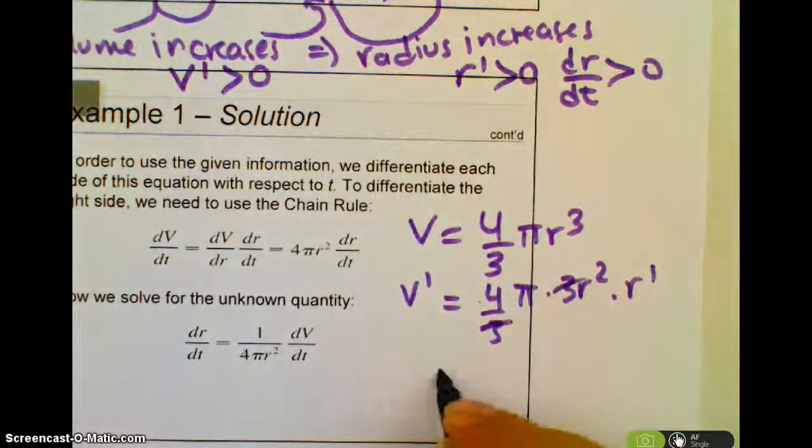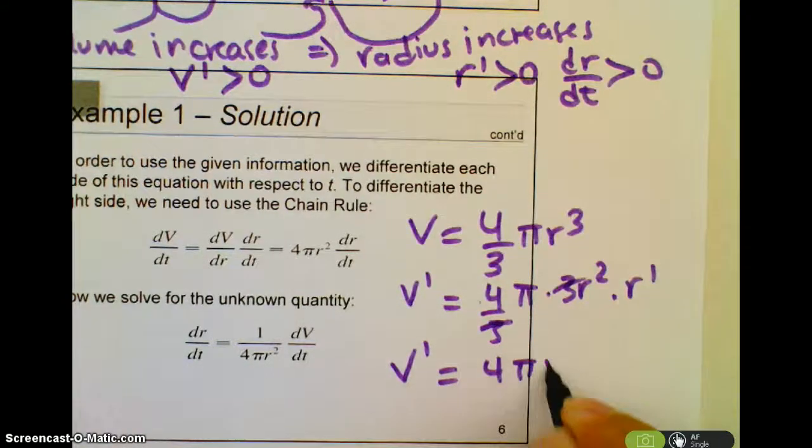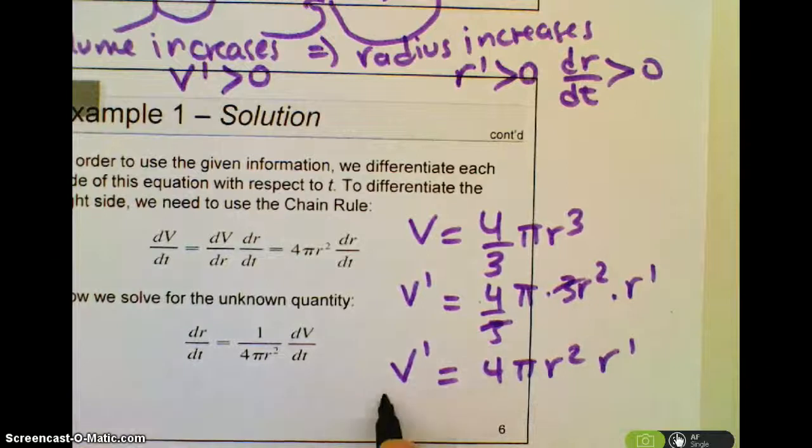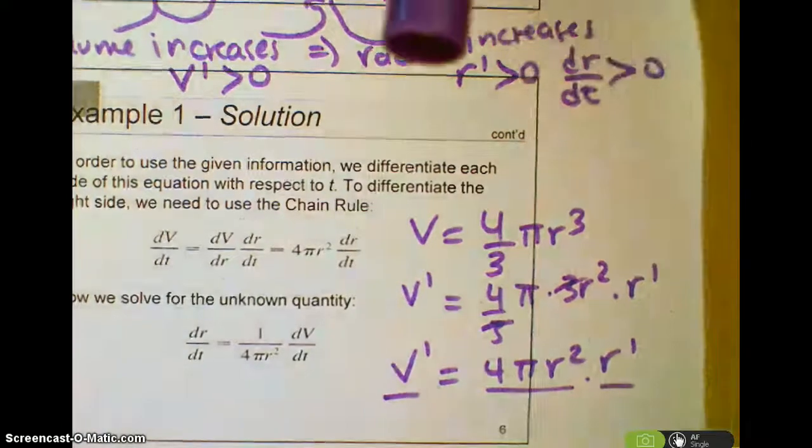So canceling out the 3's, I have change in volume is 4 pi radius squared times change in radius. Okay, change in volume equals this much times the change in radius.